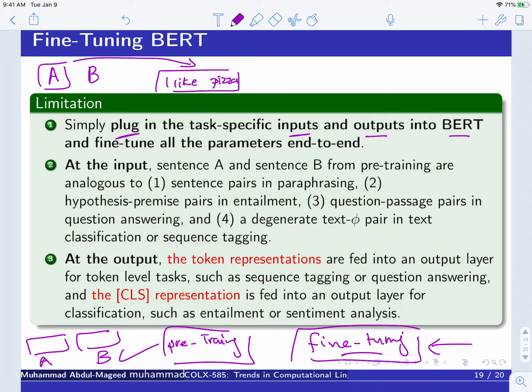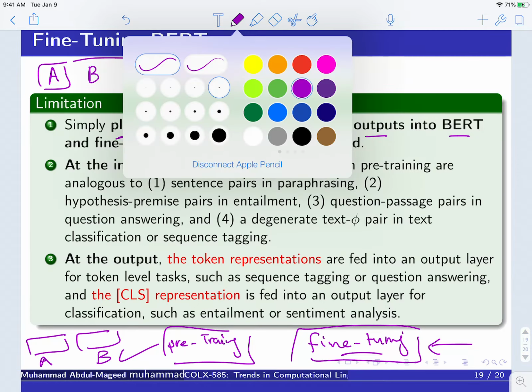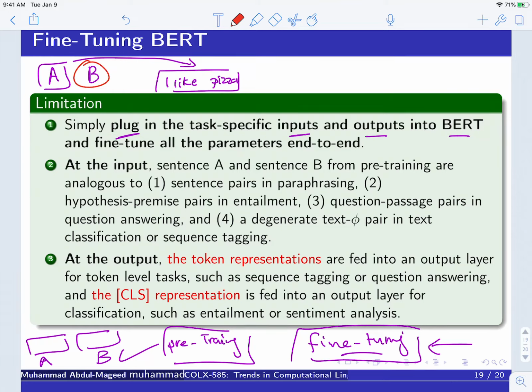Sentence B, which I asked BERT about during pre-training as to whether it is a good next sentence or not, is analogous to asking the model whether this is positive or negative. So sentence B is analogous to the tag. I mentioned this before: since this is what we do during pre-training, this is what we can do during fine-tuning.